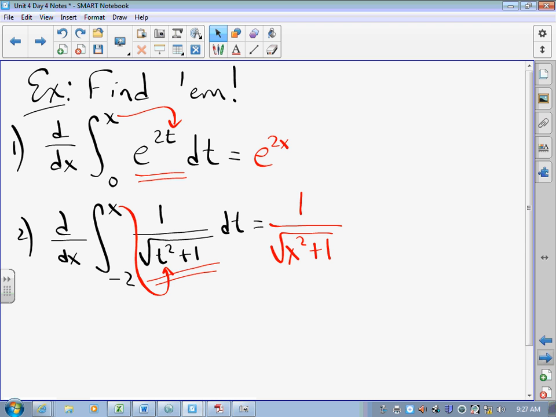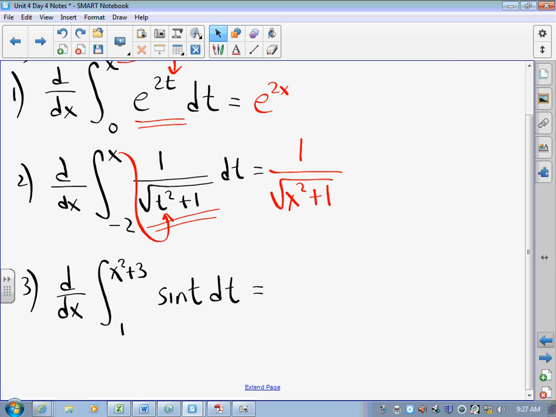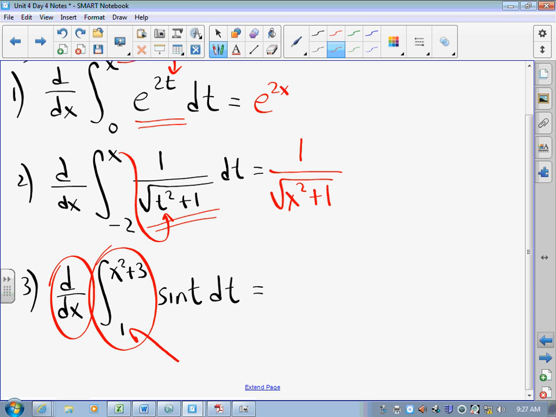Is that okay? We're almost there. I got 3 to do. If I want the derivative with respect to x of the integral from 1 to x squared plus 3 of sine t dt, now I'm thinking I've got a derivative of an integral from 1 to a function of x.